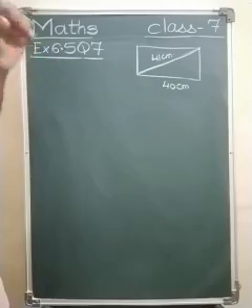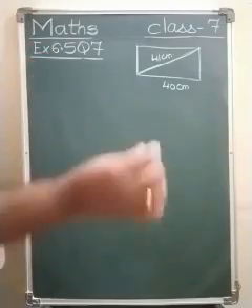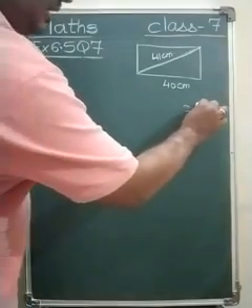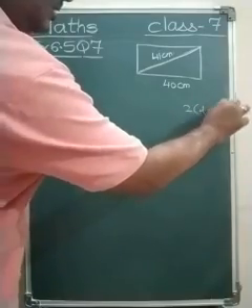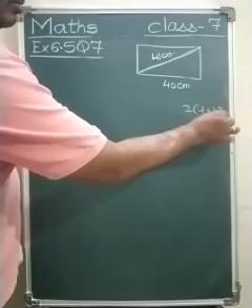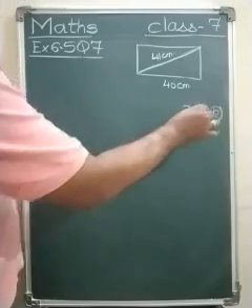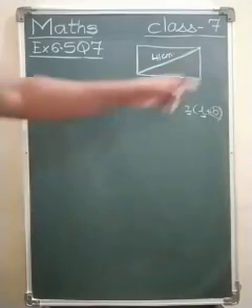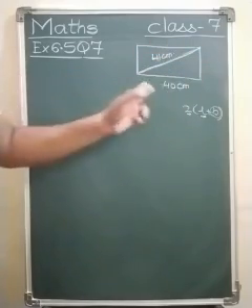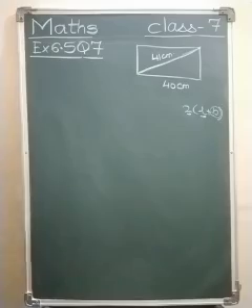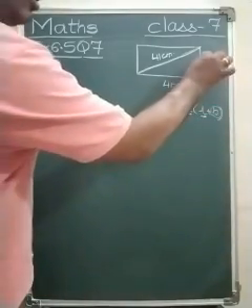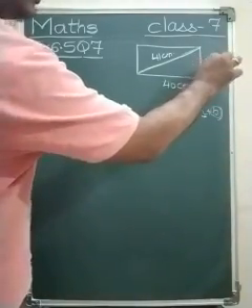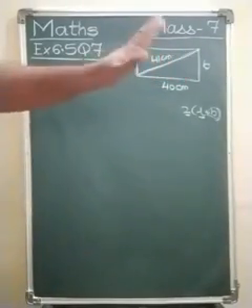The formula for perimeter is 2 multiplied by length plus breadth. Length is known, breadth is not known. So if we can find the breadth, then we can find the perimeter of the rectangle. So let the breadth be b. You can take any variable, no problem.